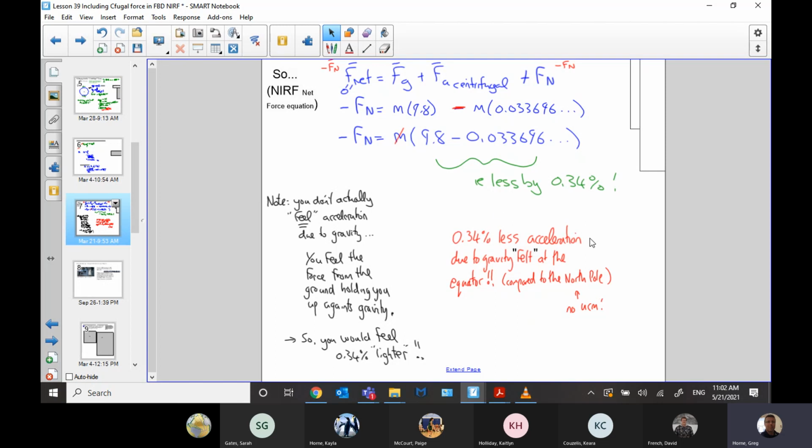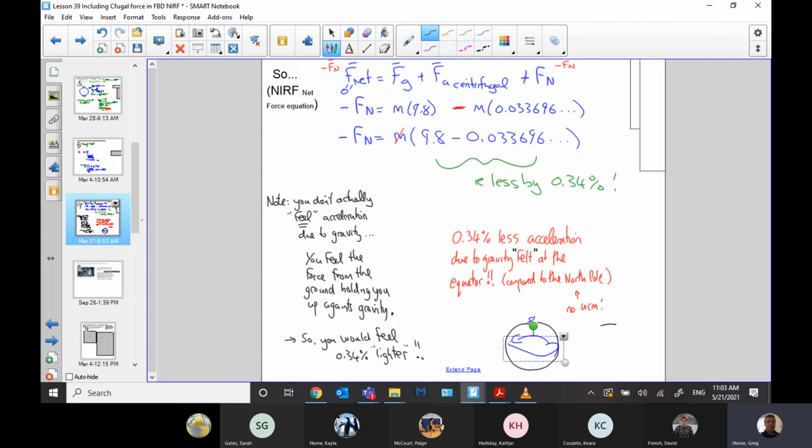It's actually 0.34%. Now, at the equator, of course, you have this fast rotational velocity, right? If we were instead standing at the North Pole, there'd be none of that, so you'd have your full gravity at the North Pole.